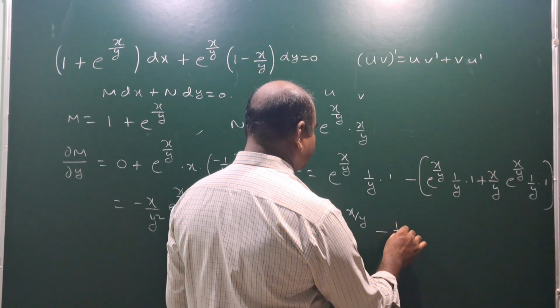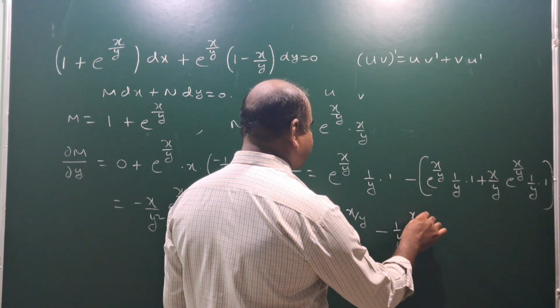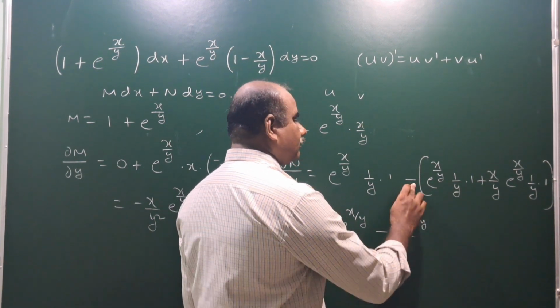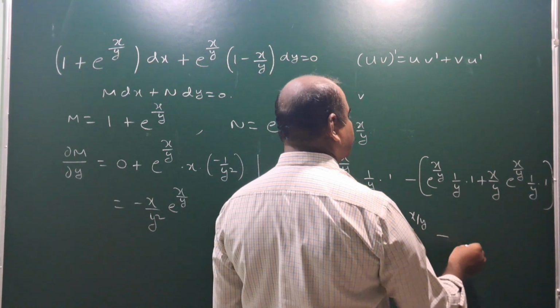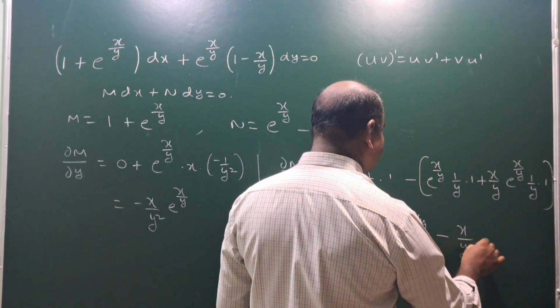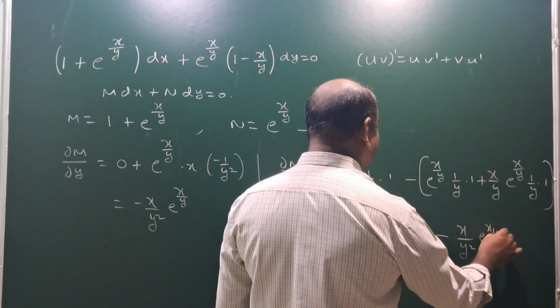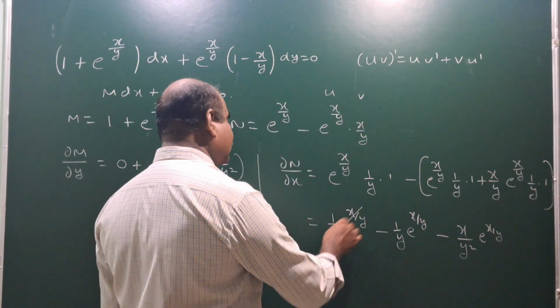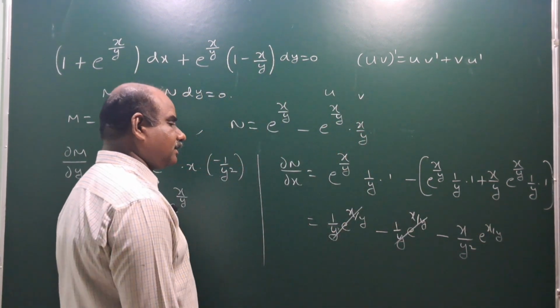minus 1 by y e power x by y, minus into plus minus x by y into y means y square into e power x by y. So cancel the like terms with plus minus.